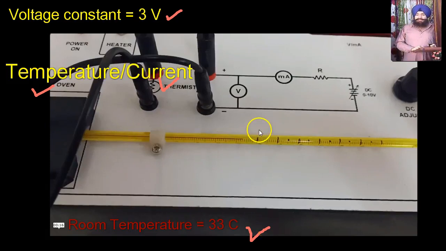Now this line is 40 Celsius, 50, 60, 70, 80, 90. This was 30 degrees Celsius. Okay, voltage will be constant, and the data will be between temperature and current.